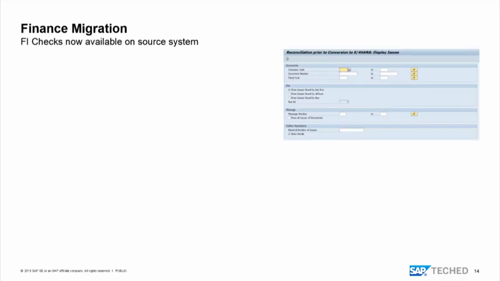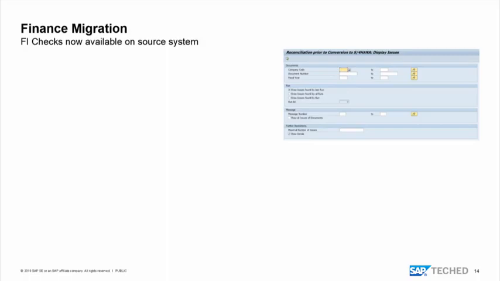They are running fast on HANA, but you will have to run a conversion first to be able to run these financial data checks. And we received feedback from customers, from partners, from projects. It's not a good concept to first run the conversion on a sandbox and then run the financial data checks to fix the issues in the ERP source system.